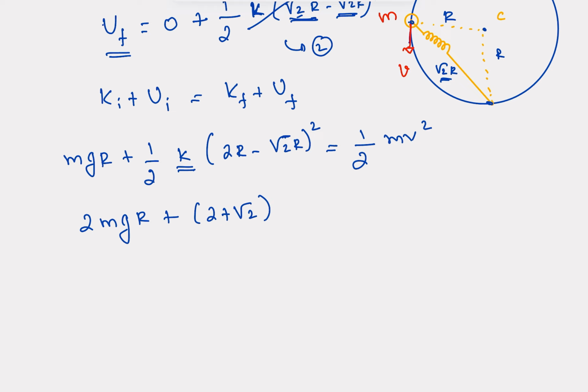So I can take r outside, and it will be rewritten as 2 minus root 2 squared into r square.